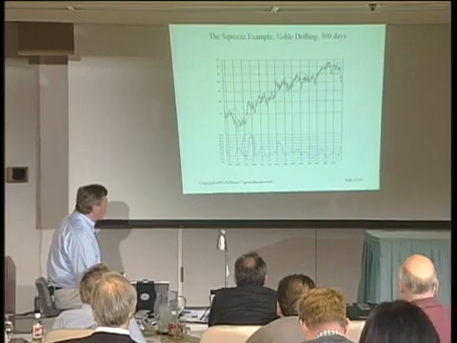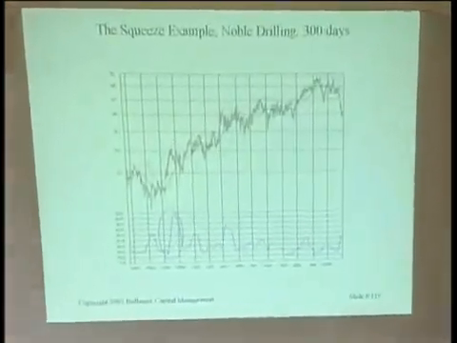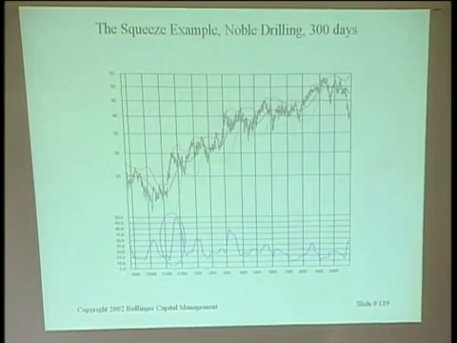You had an impulse, and then look what happens. Very painful. You get back to where you entered almost. You probably only have a point left here. But what did you have? An impulse move. What does that tell you? There's more to come. So you probably can live through this to gain some of this.